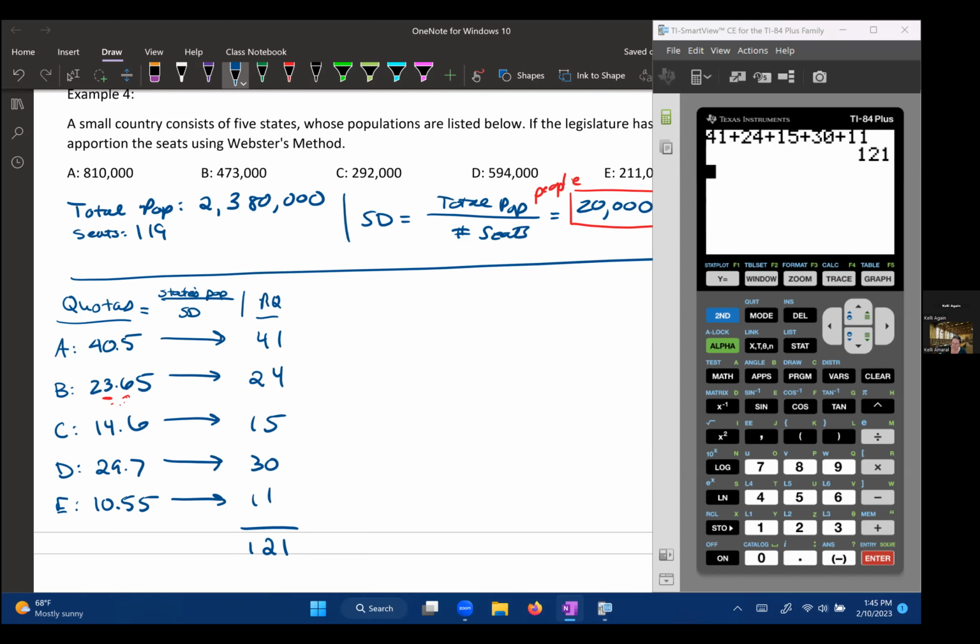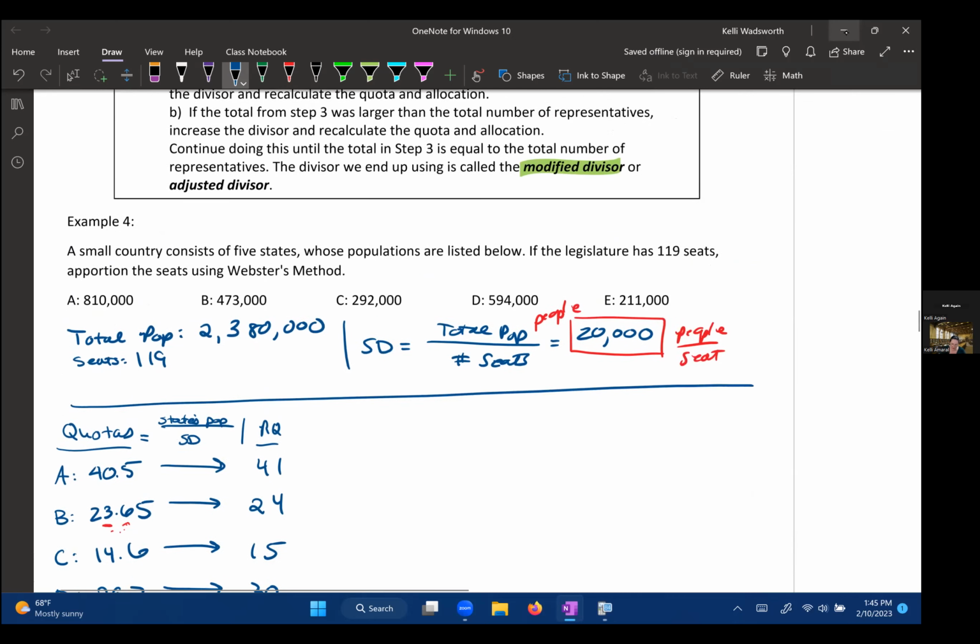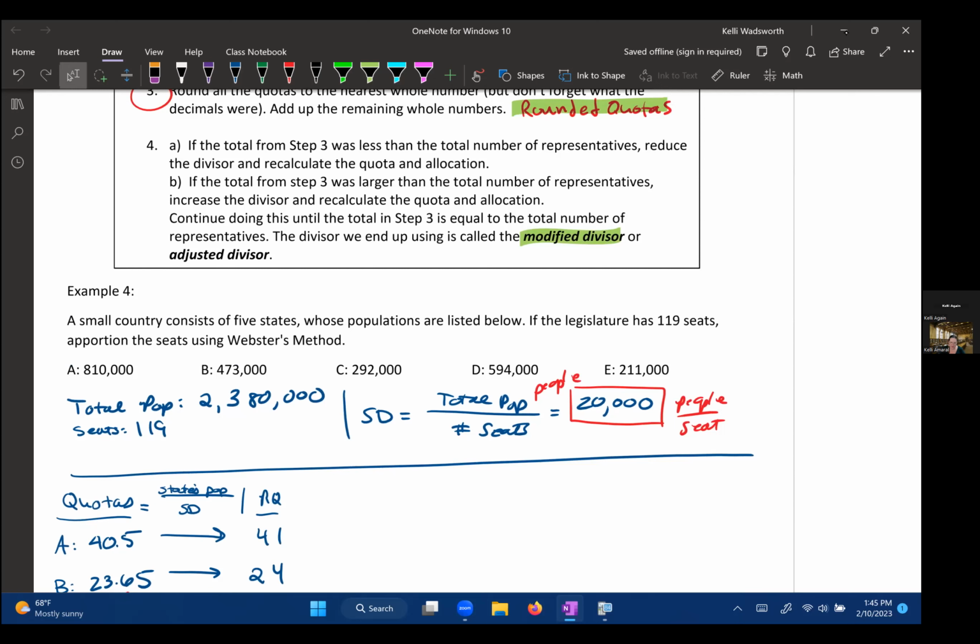We have too much. If we can't remember what to do, if the total number from step 3 was larger than the total number of representatives, then you increase the divisor.